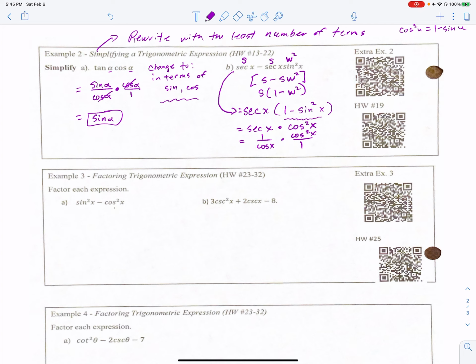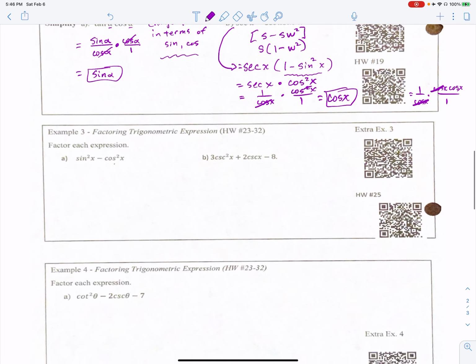And so then I've got 1 over cosine x times cosine squared x over 1. Cosine squared just means you're taking it times itself twice, and one of those cancels with the cosine in the denominator, and that whole thing simplifies to cosine of x. So there are some algebra things that you need to be aware of and work on to be able to do these accurately.